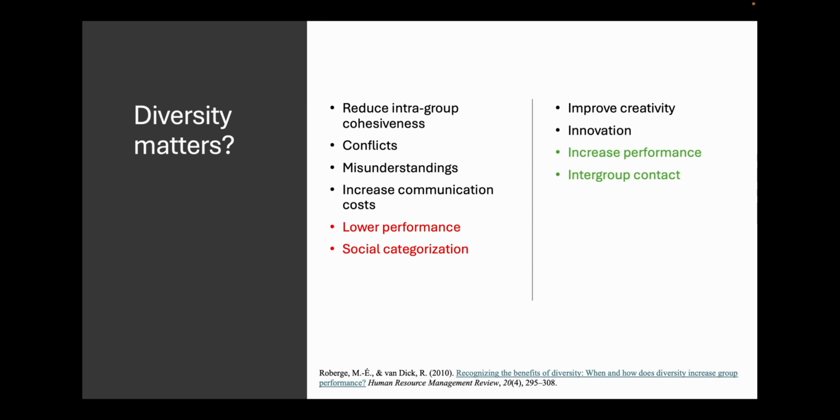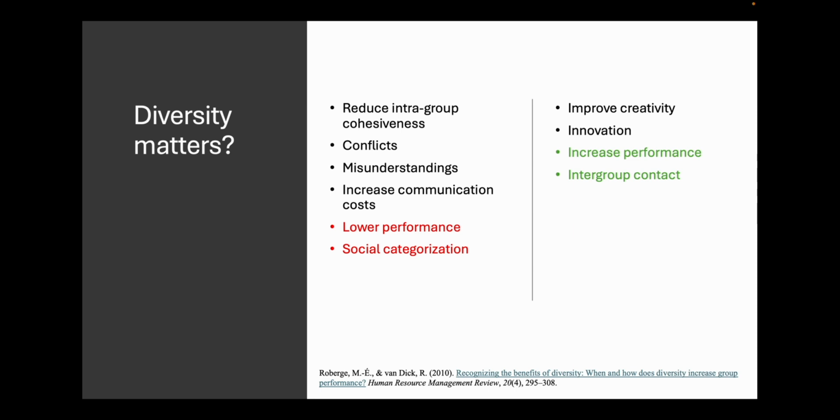It's because the Republicans and the Democrats hold very different attitudes towards certain public policy. If you put them together, their party identity dominates other considerations, so there will be conflicts, and they are not communicating with each other effectively, not to mention creating effective public policies. This is one example: if social categorization functions, diversity might actually lower organizational performance.